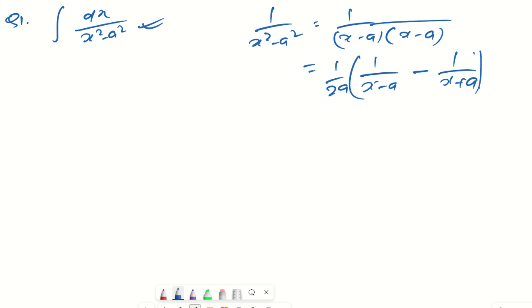So what we can do? We can write it down as, let me change the color. So integration of 1 by 2a integration of 1 by x minus a minus 1 by x plus a dx.